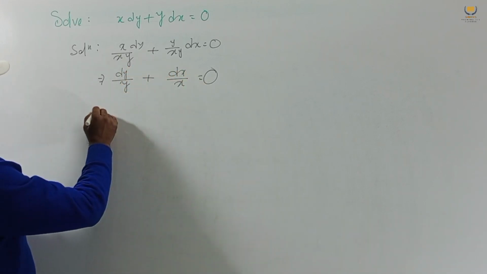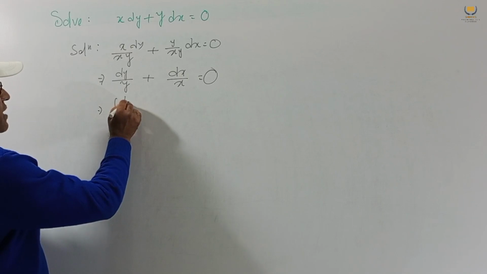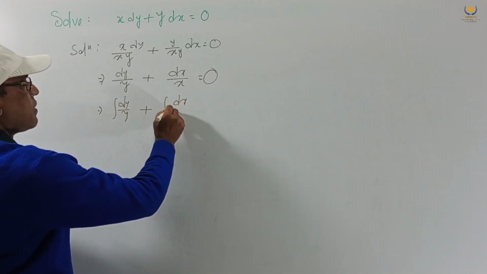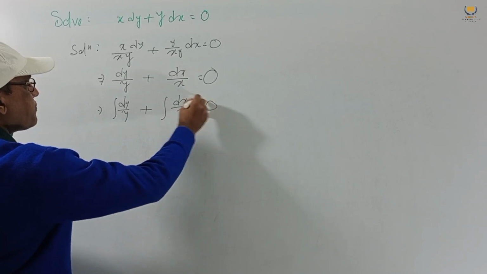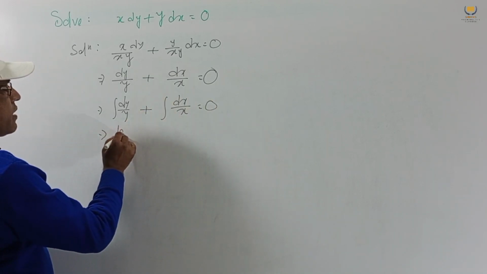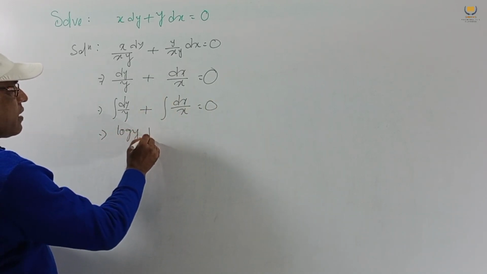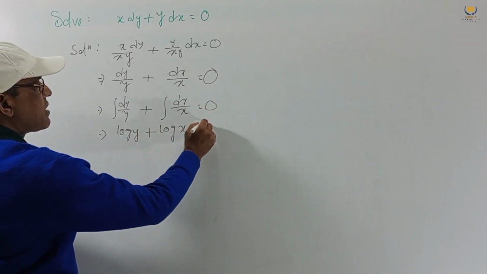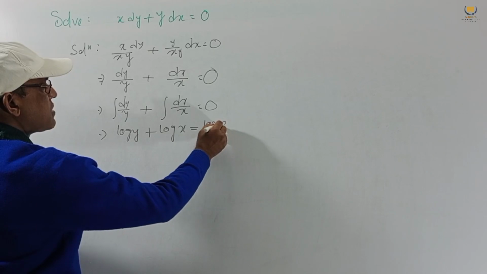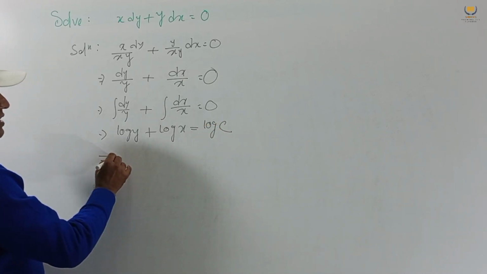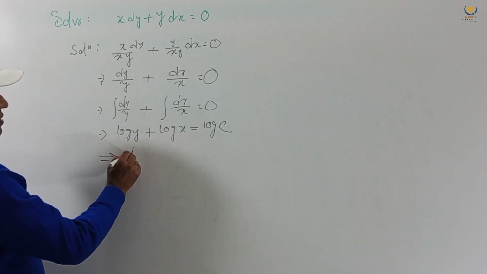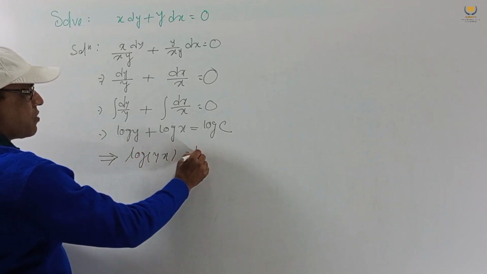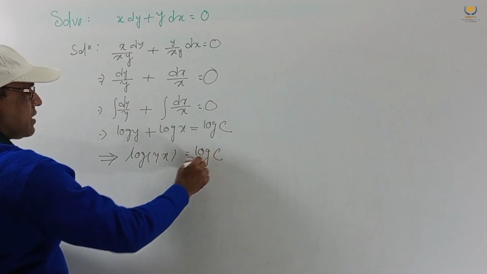Now we integrate both sides. This will be log y plus log x equal to log c, where we consider log c as the constant. In the case of logarithms, if a plus is given, we write the product: log of yx equals log c.